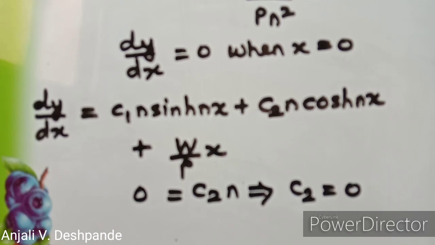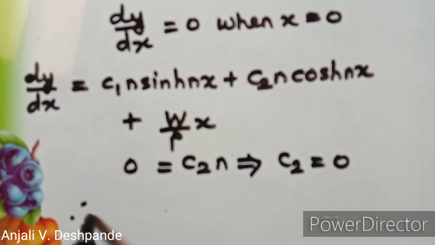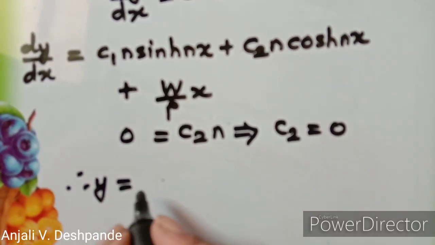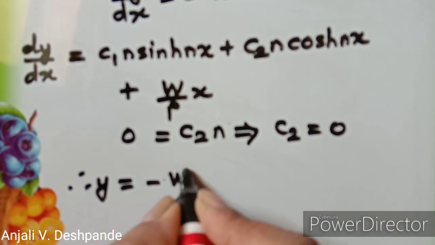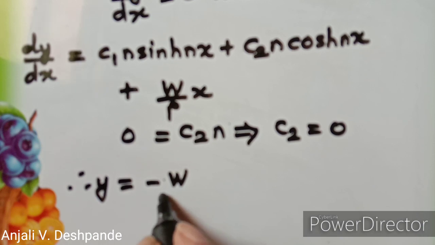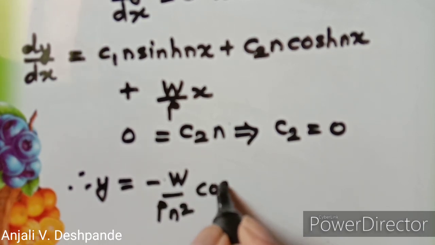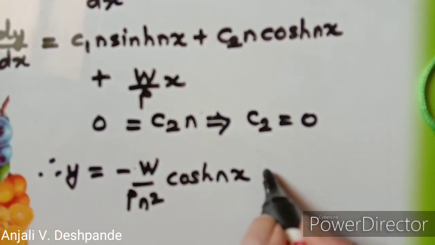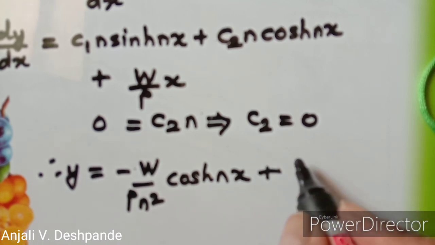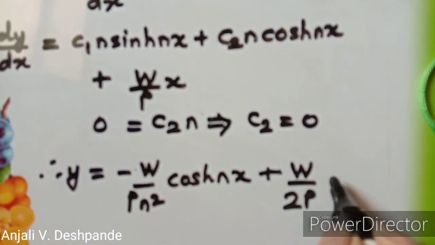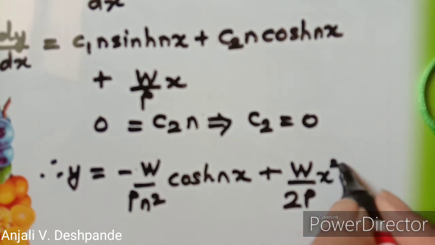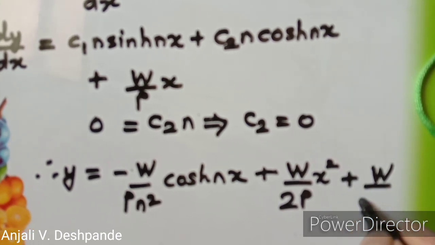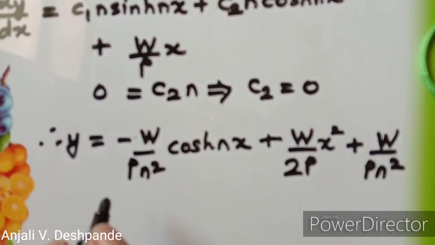Therefore y is equal to minus W upon p n square cosh nx, plus W upon 2p x square, plus W upon p n square. So that is the final answer.